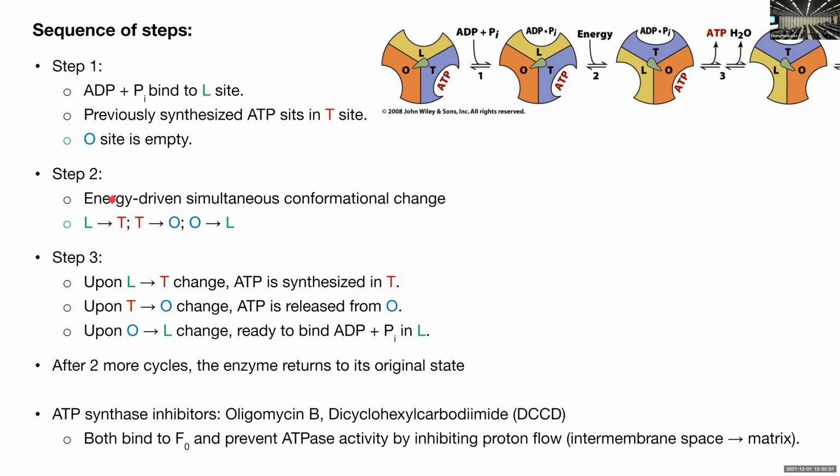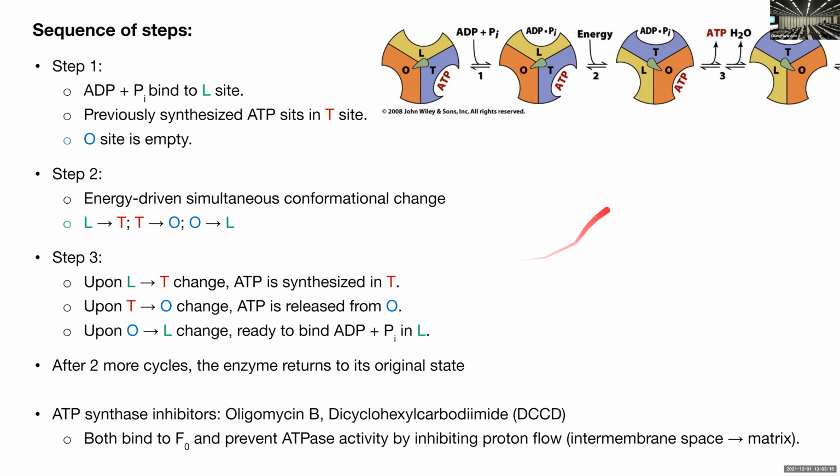In step 2, energy drives the simultaneous conformational change of L to T, T to O, and O to L. Upon these conformational changes, ATP is synthesized on the T form, which is for tight binding.